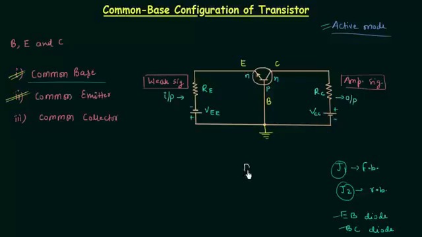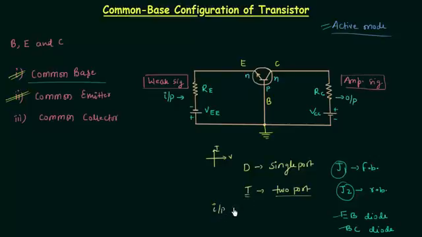If I compare diode and transistor, diode is a single port device, and transistor is a two-port device. In case of diode, we have simple VI characteristics. But in case of two-port devices like transistor, we have input and output characteristics.